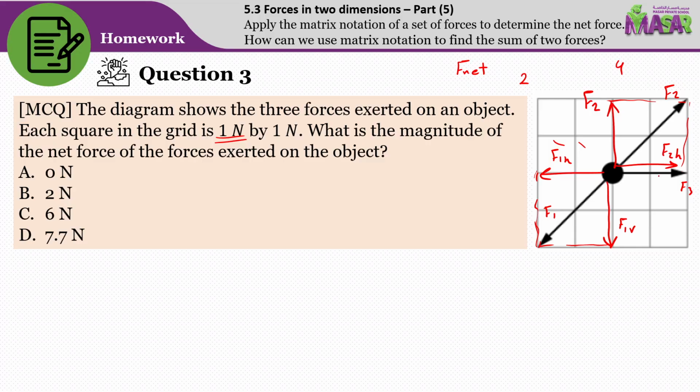So in total, we have 2 and 2, 4. Now, 2 to the left, 4 to the right. Let me add them together using the corresponding direction. So to the left means minus, and 2 has the minus. Plus, because to the right it's 4, and the answer is 2 Newton. This is why B is correct.